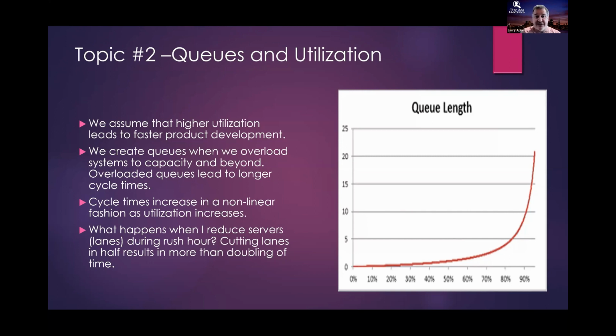This looks very much like a CPU. If you're familiar with computers, this could be a CPU utilization curve. It's amazing we treat our computers better than we even treat our people, honestly. But again, a complicated world versus the complex world.